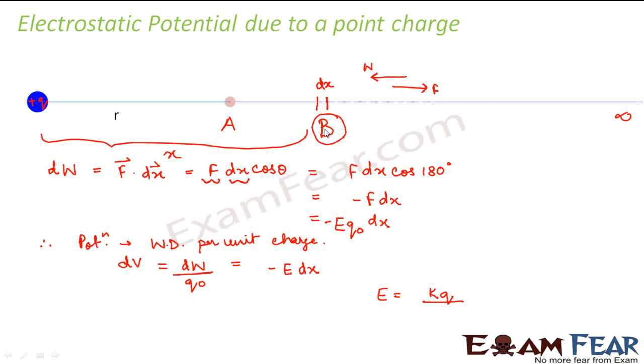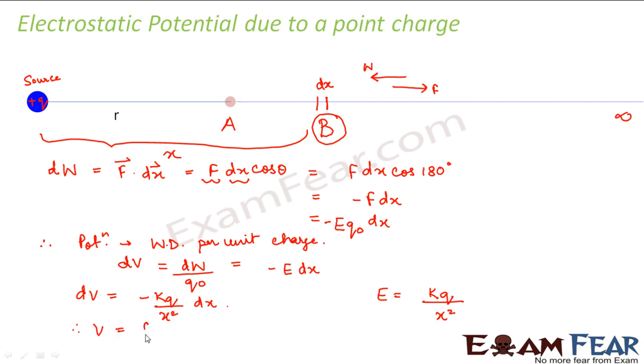R is the distance of point B from this charge Q. So now we are considering this charge because this is our source charge from where the electric field is produced. So this distance we have to consider, so it will be KQ by X square, right? So let us put that. So we get dV is equal to minus KQ divided by X square into dx.